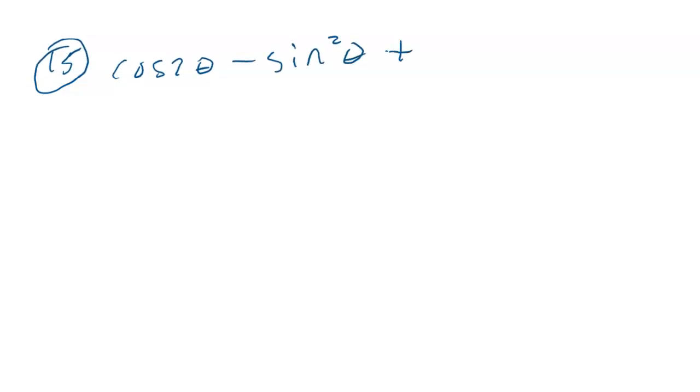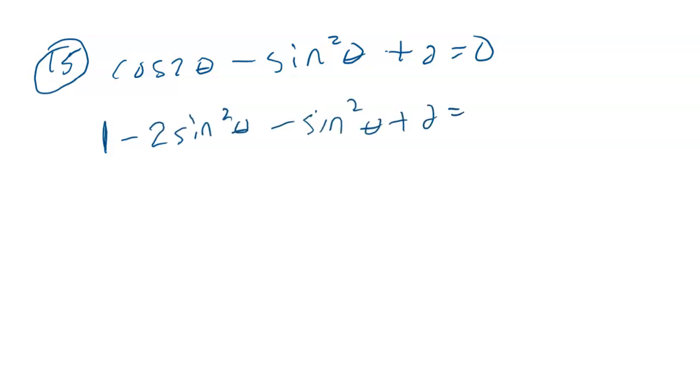We are on 15. Now it says do the same thing, but do it in degree measures, but these are very similar. 15 is cosine 2 theta minus sine squared theta plus 2 is equal to 0. I guess same thing. Cosine 2 theta can be written as 1 minus 2 sine squared theta, minus sine squared theta plus 2 is equal to 0.